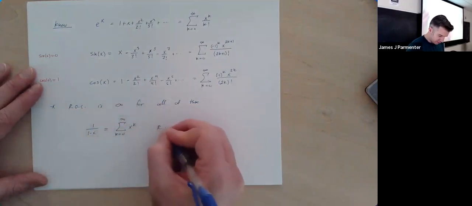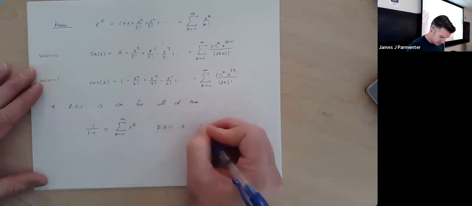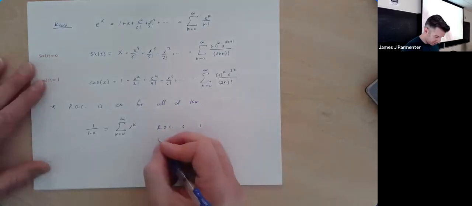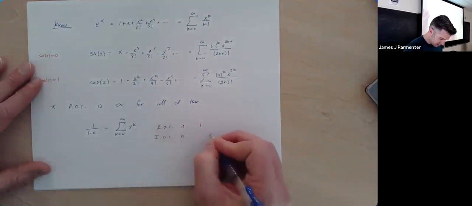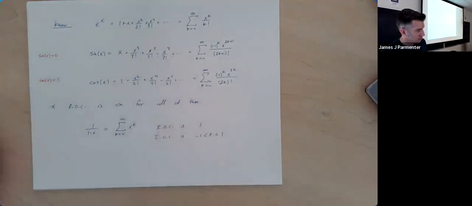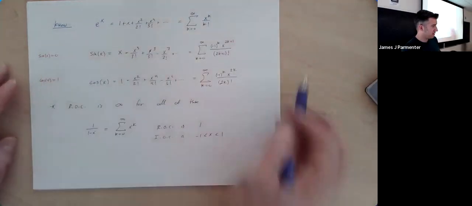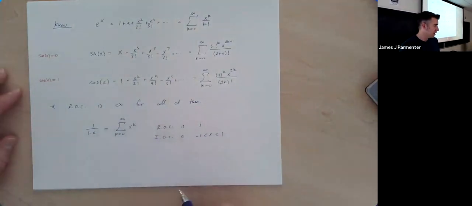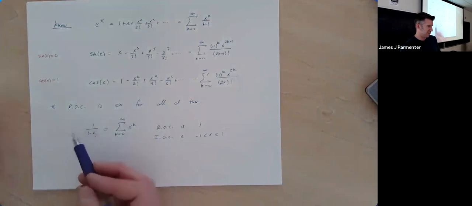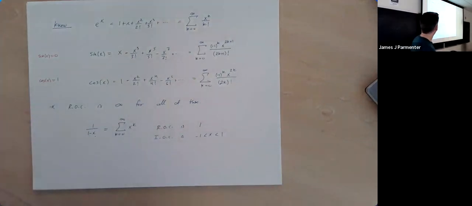The radius of convergence is just 1, or the interval of convergence is x between -1 and 1. So these are true all the time for any value of x. This last one's true only if x is relatively small. And it makes sense, right? x couldn't be 1 because 1 over 0 is undefined.